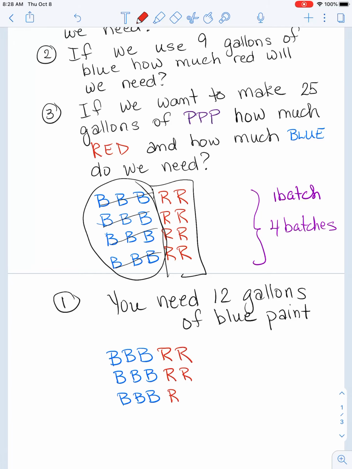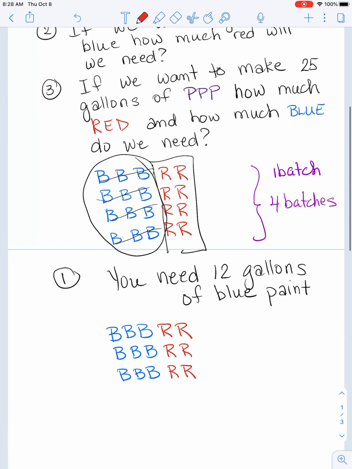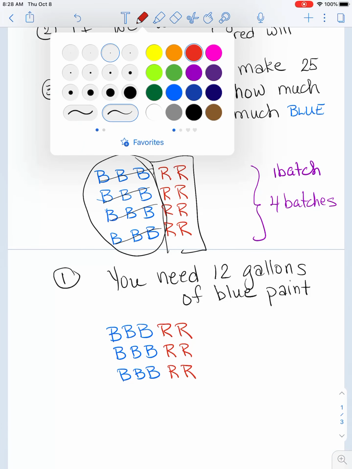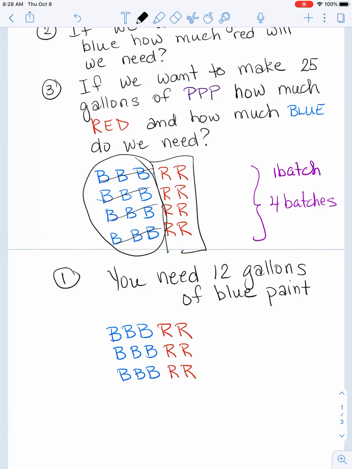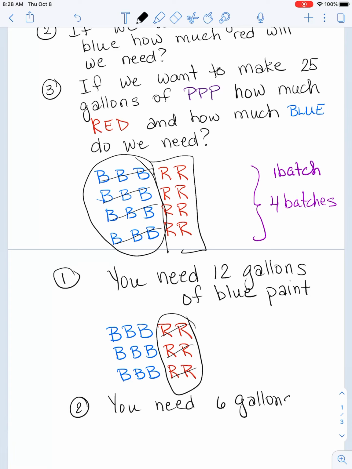So 2 reds every time I have 3 blues. And how much red will we need? Well, let's see. There are 9 blues and I need 2, 4, 6. So for question 2, you need 6 gallons of red paint.